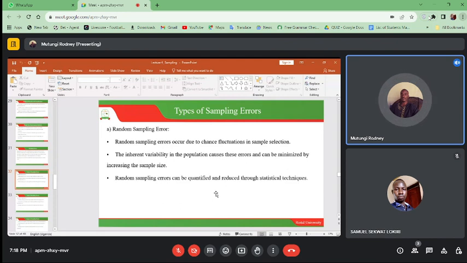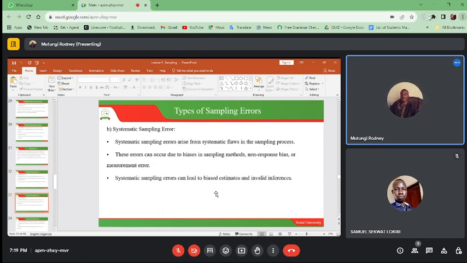If you're going to put these chits in a bucket or whatever you are going to put them in, and you're shuffling, there might be some key populations that you are leaving out, and that will be a cause for that random sampling error. And like we are saying here, those inherent variations in the population cause this error. You have those variations in the population, but if you are going to use random sampling, then sometimes these variations might not come out clearly, and yet you need them.